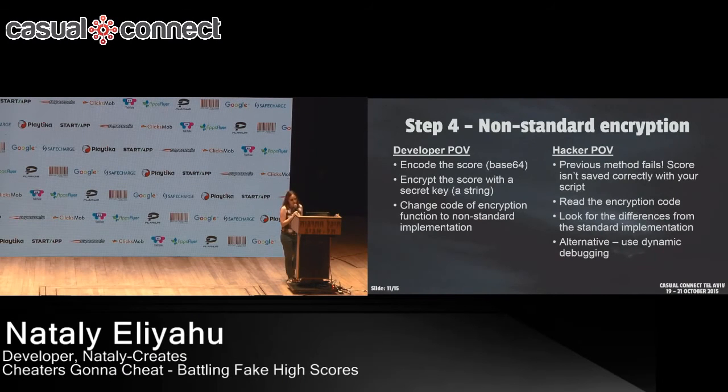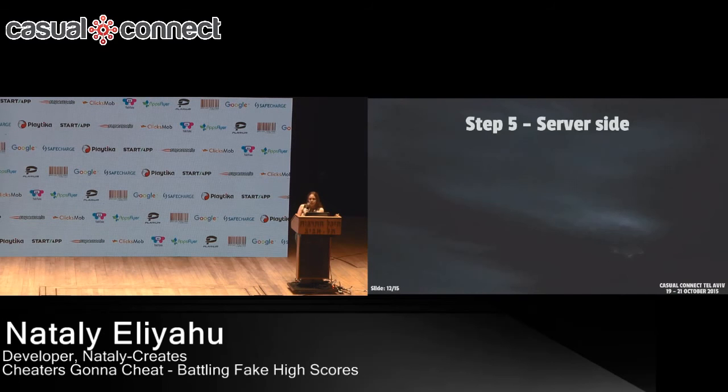Everything is possible, but dynamic debugging means that they just access whatever data your app has in memory while it's running. So they don't even need to see the code. They're just gonna change things as the app is running, as the app is sending the high score.